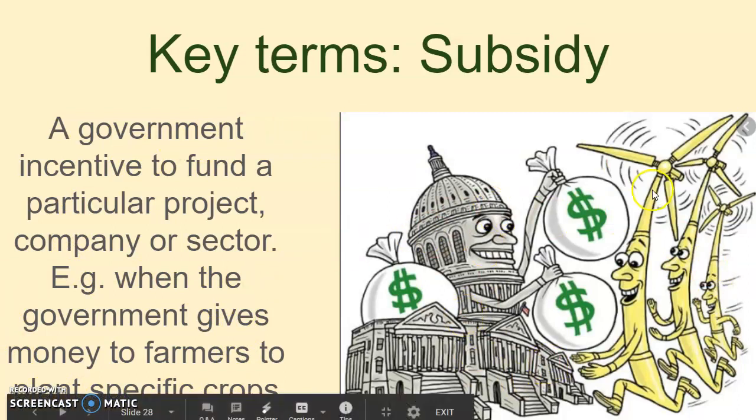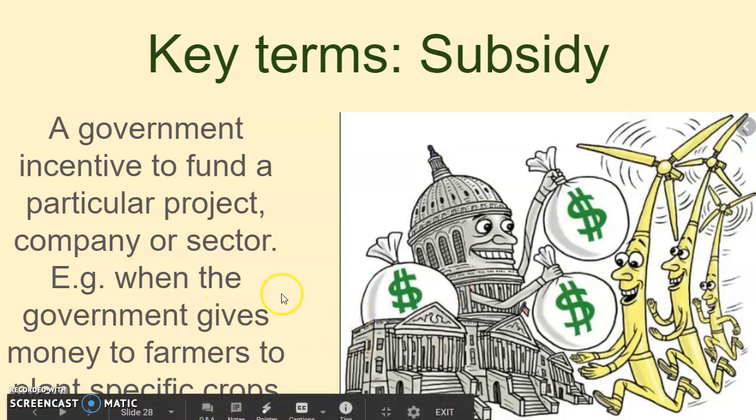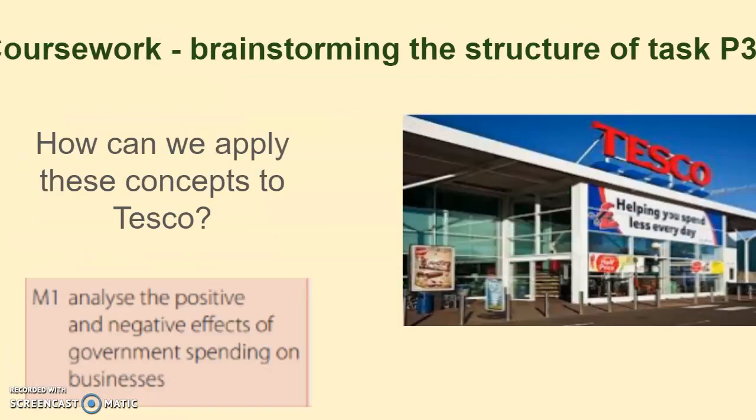So this is the government giving money to windmill companies, because they are ecological, they are better for the environment, and the government decides to fund projects made by these kinds of companies because they are environmentally friendly, and that will give them a chance to do quite well. On the other hand, another example is when the government gives money to farmers to plant specific crops and stimulate that sector of the economy.